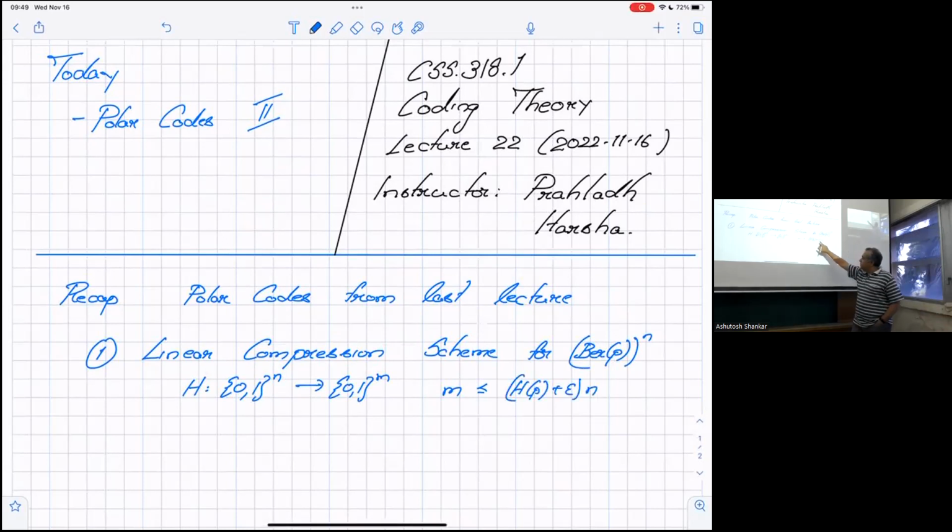This epsilon is going to govern various other parameters. The question is, we're going to come up with some code that has this. How large n should be so that it happens? We want n to be polynomial. So what are the things we want?